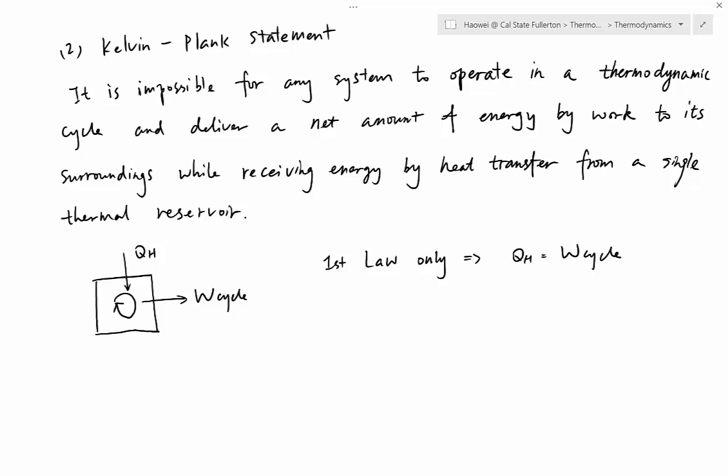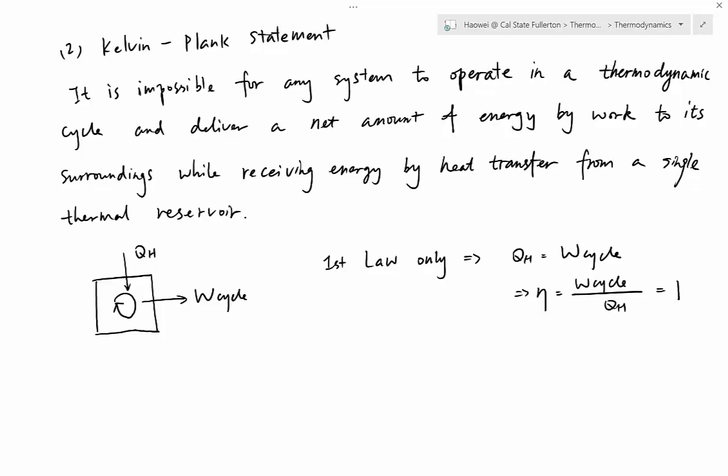If first law is the only law we have to follow, this equation is true, which means the efficiency, defined as W cycle over QH, will be equal to 1. The efficiency of the engine in our car will be 100%. And we know it will not happen.